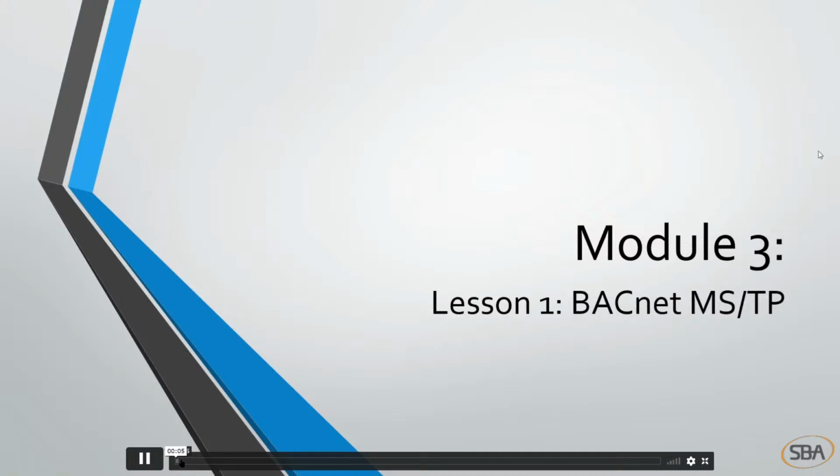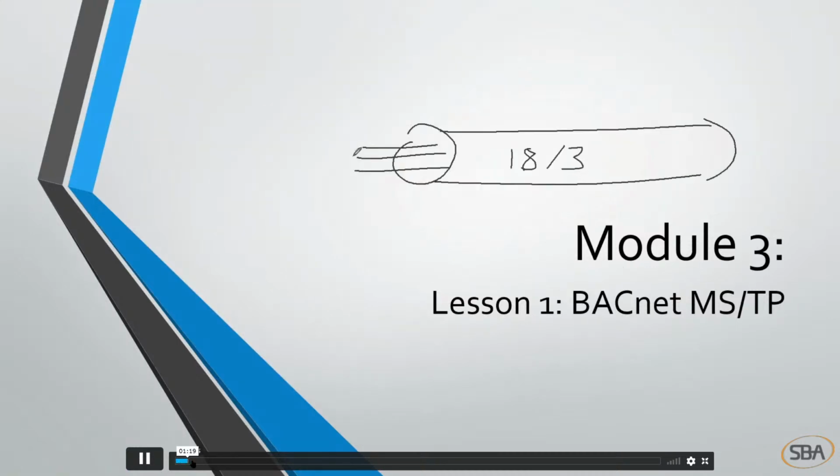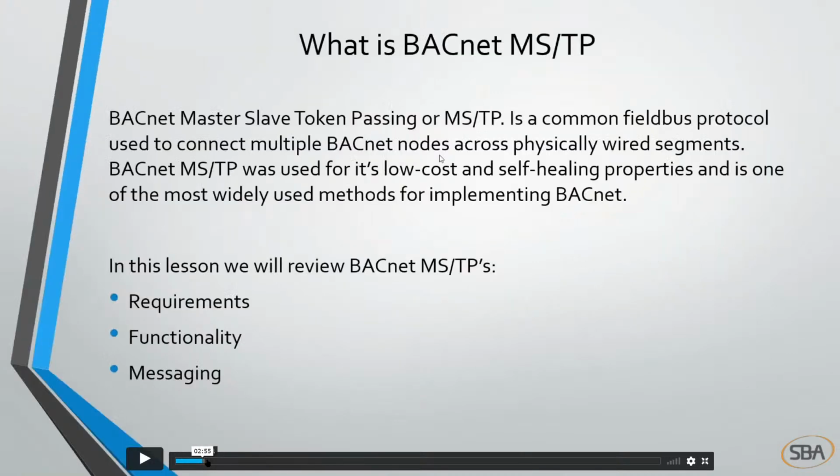There are multiple forms of the protocol, but the only two that matter are IP and MSTP. Master-slave token passing typically utilizes 3-conductor wire, connected from controller to controller in what is called a daisy chain methodology. We'll get to that in just a second.